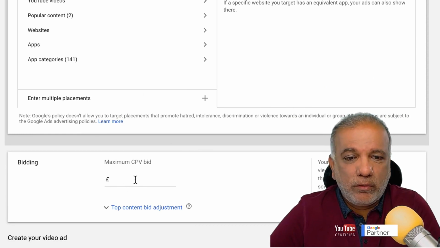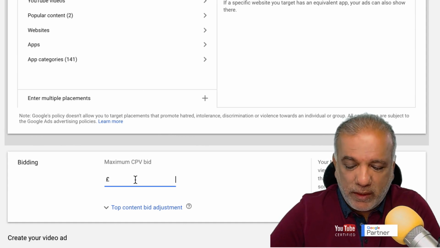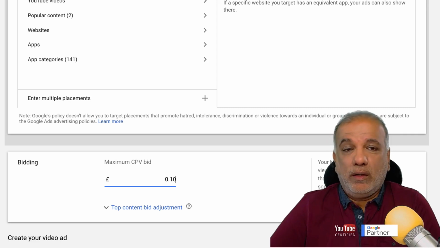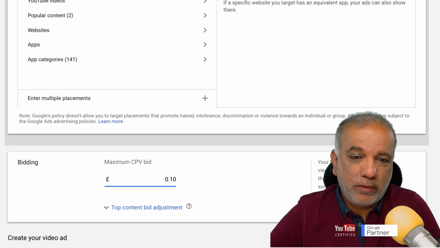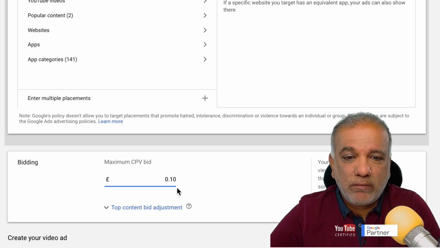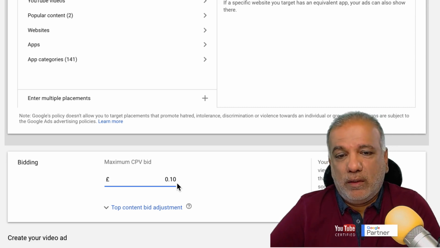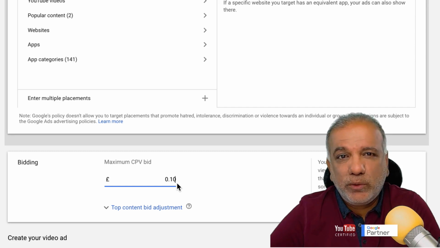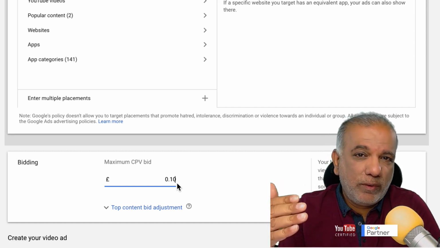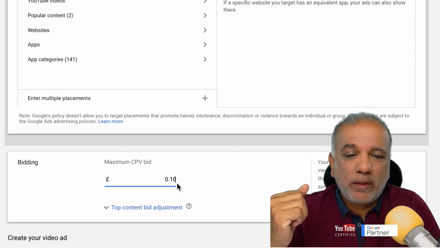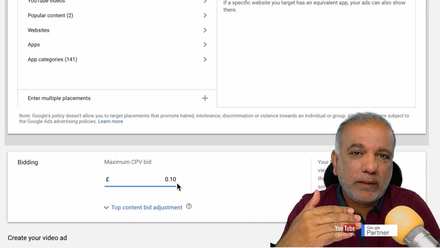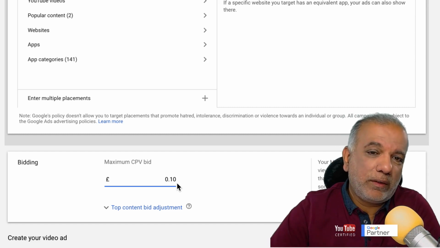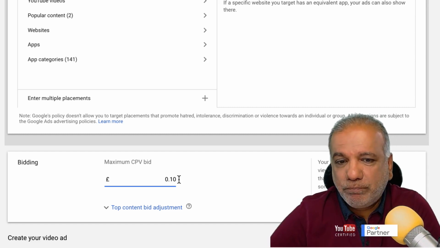You enter your bid. I tend to find that for most countries, including US, UK, Europe, 10 cents or 10p in my case is sufficient enough to start the impressions. I tend to bid high first and then slowly reduce it, rather than start at the low bid where I don't get any impressions and then have to increase the bids.